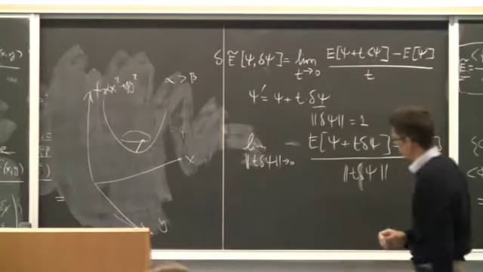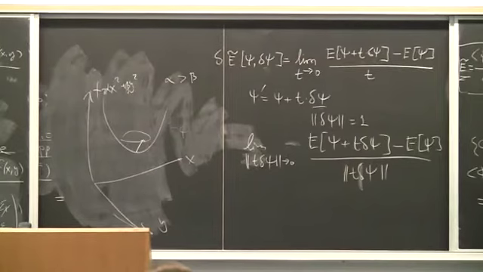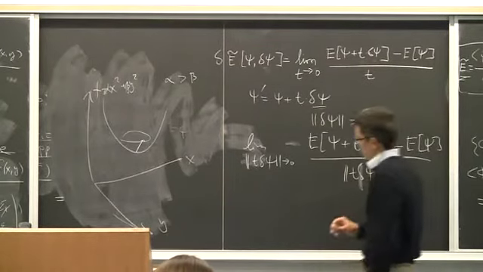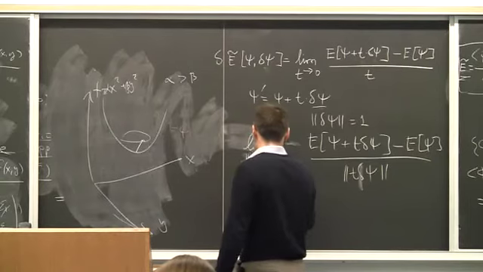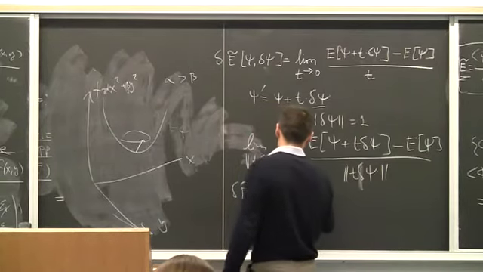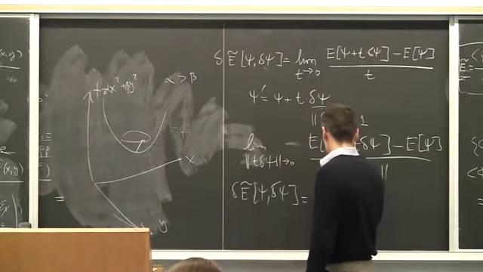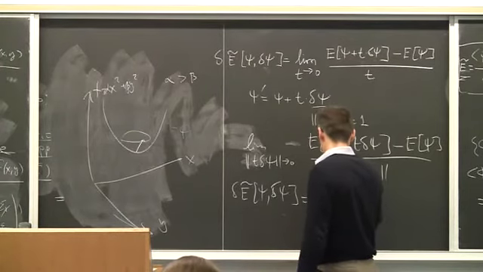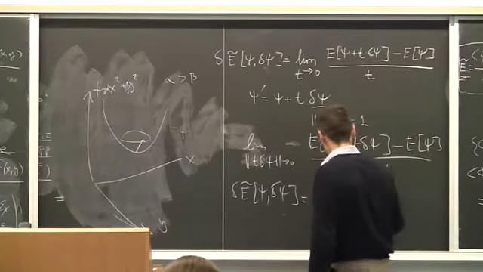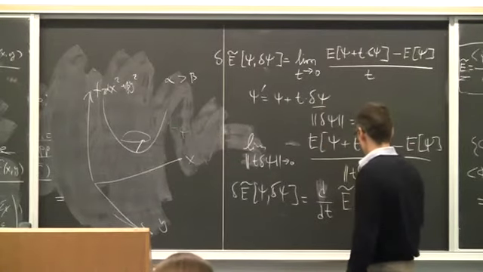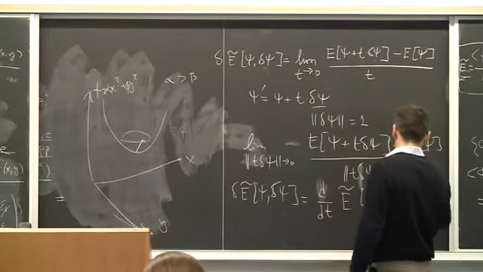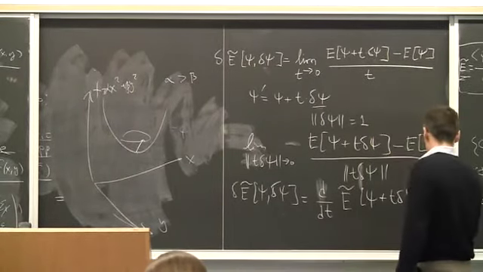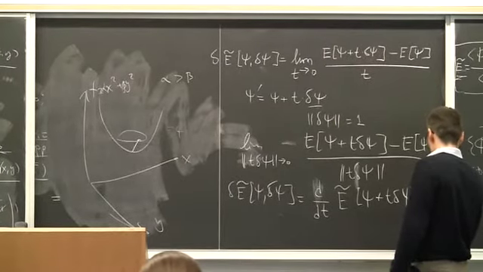You can think this way as well. But for practical calculations, the easiest way to think about this is the following. It's a derivative with respect to t of the functional where we have psi plus t delta psi, at the point where t equals 0.